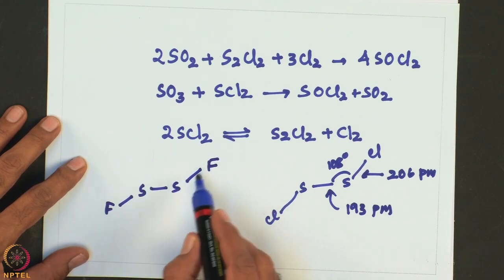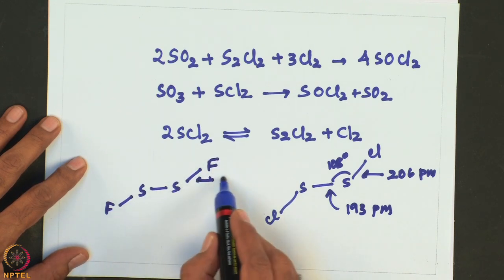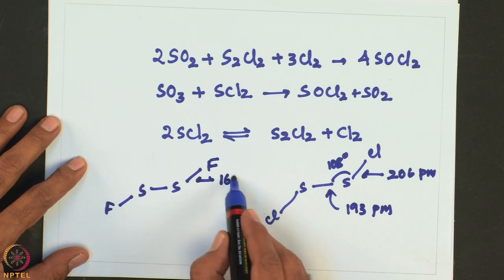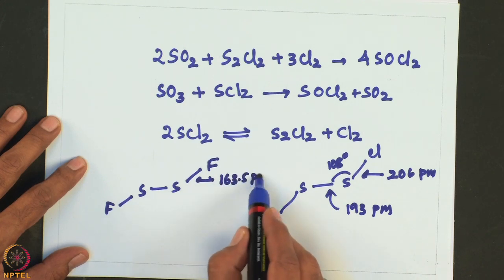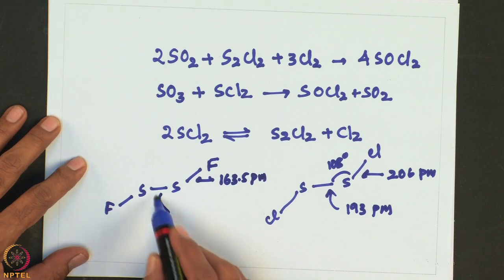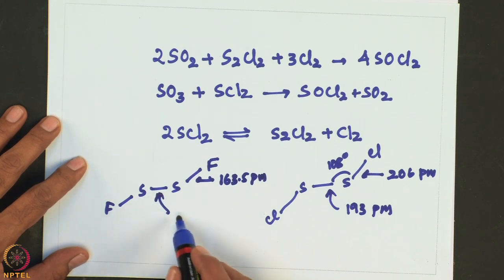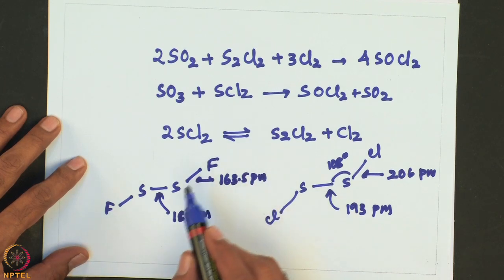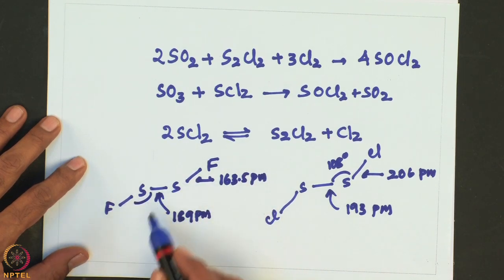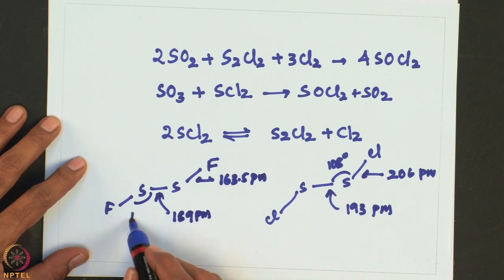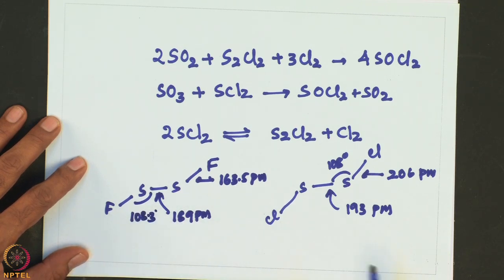And in this case, this distance is 163.5 picometer and the SS bond distance is a little shorter, 189 picometer, and then this angle is 108.3 degrees.